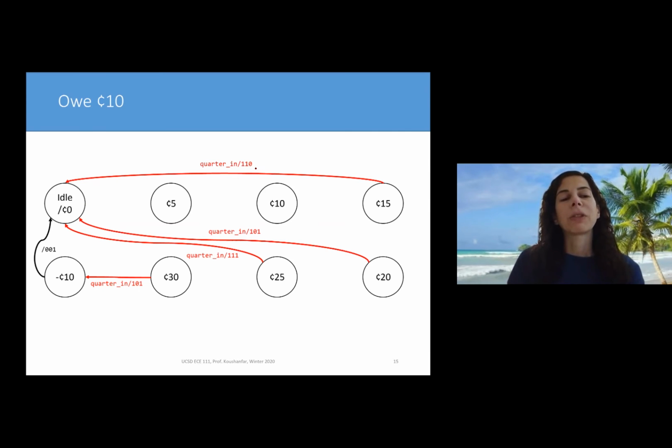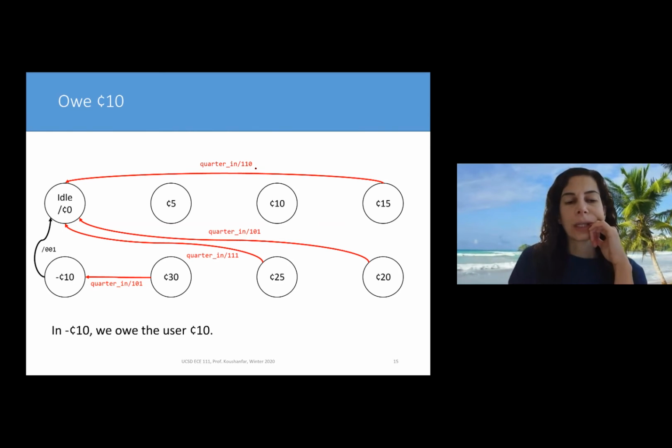Because we need to dispense 2, we have a state which is minus 10, which dispenses 1 dime. Then we have another regular state that dispenses the drink, and then another state which dispenses the other dime. So we dispense 20 cents and then we get the drink out.